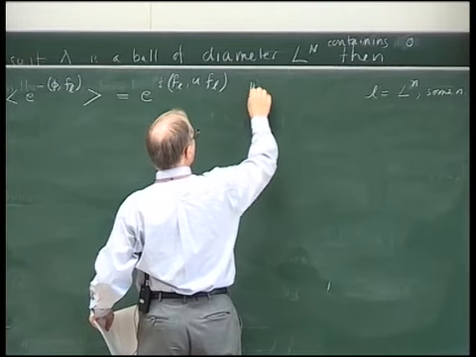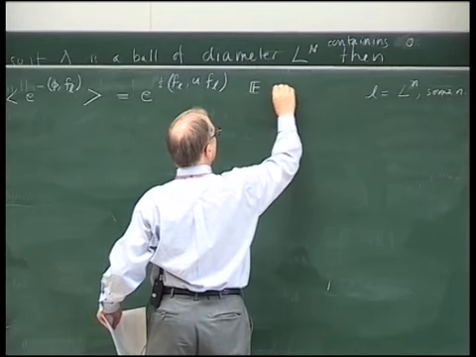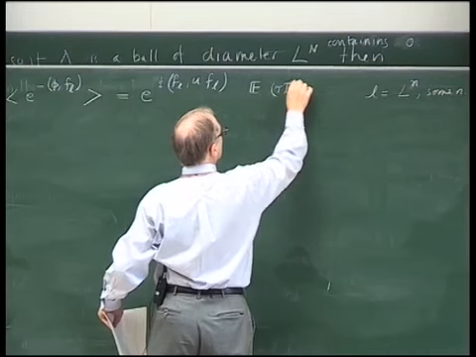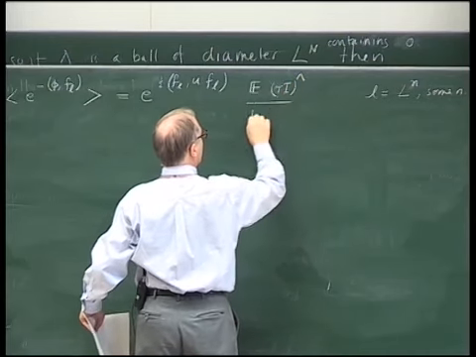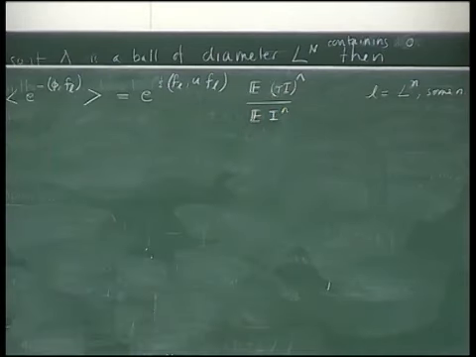And then we had a ratio, expectation of I, which was translated to the power of lambda, divided by expectation of I to the power of lambda.